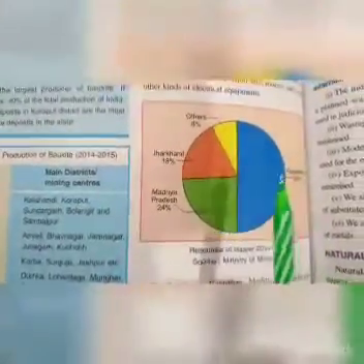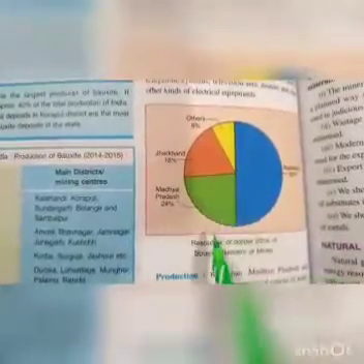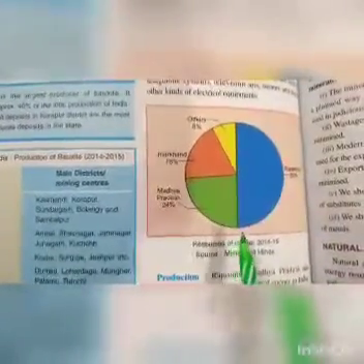Now next is the resources of copper, 2014-15, source Ministry of Mines. A pie chart is given here. Just look at the pie chart, which shows the total production of copper in India.